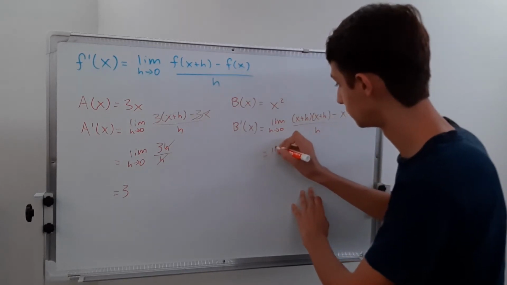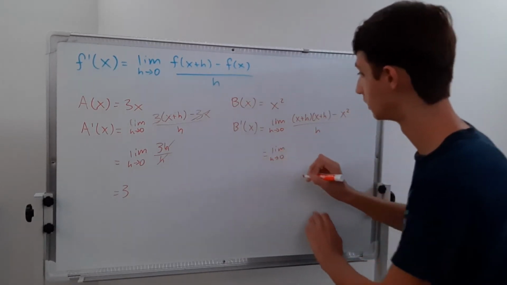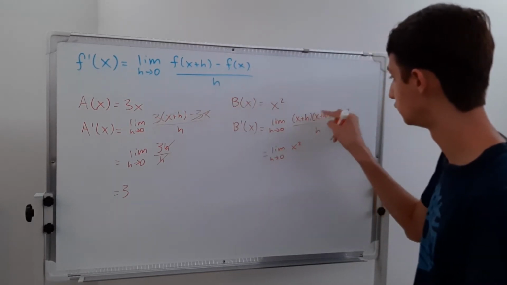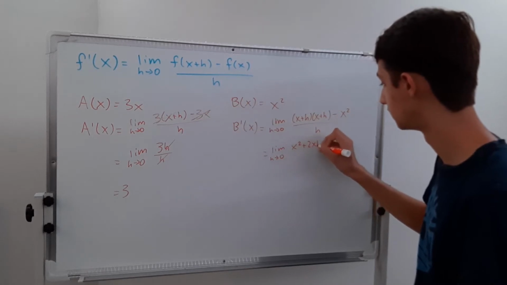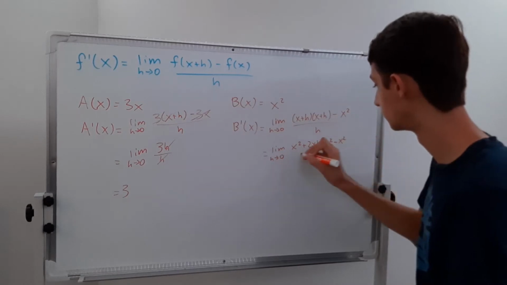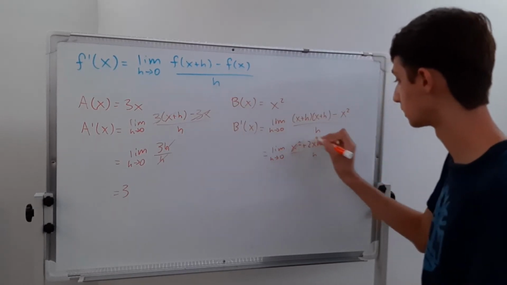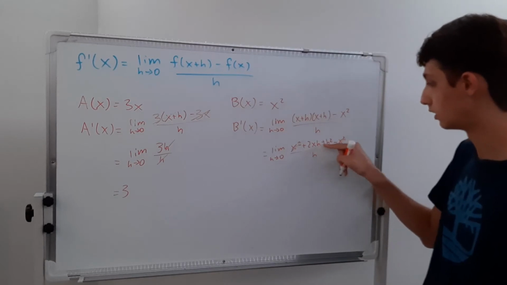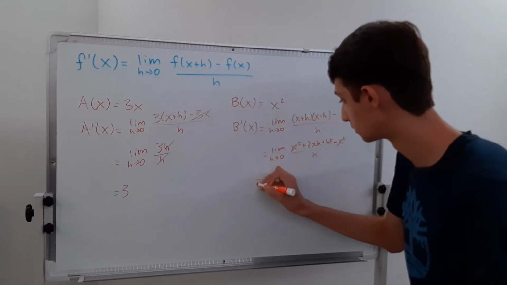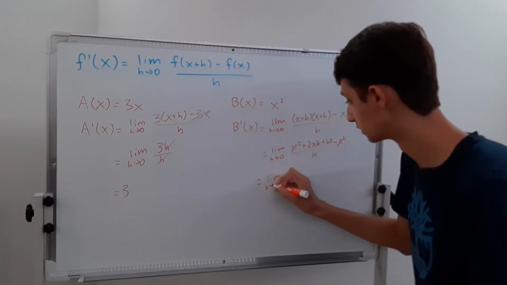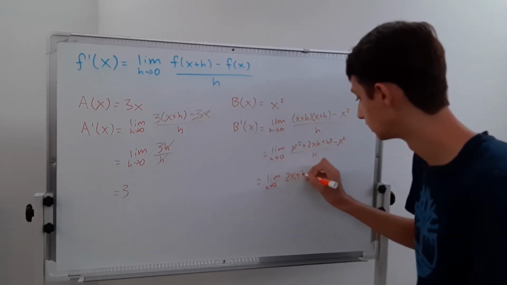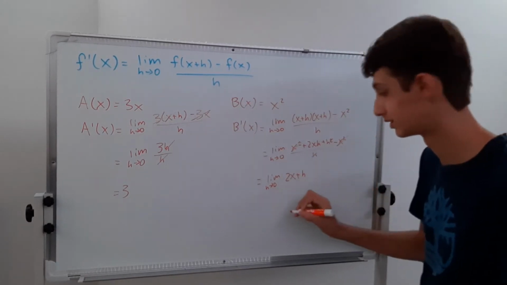So this is just the limit as h approaches 0 of x squared plus 2xh, or hx, whatever you want, plus h squared minus x squared all over h. So this x squared and that x squared cancel. All of these terms have an h, so you can cancel this with that, and then one of those, and you're left with the limit as h approaches 0 of 2x plus h. And then if that approaches 0, that's just going to be 2x.